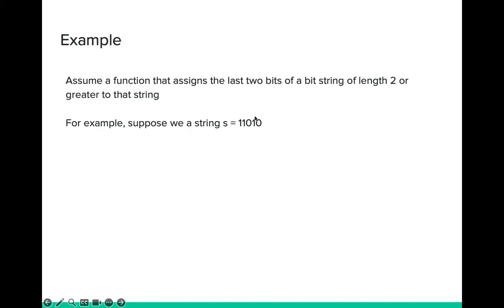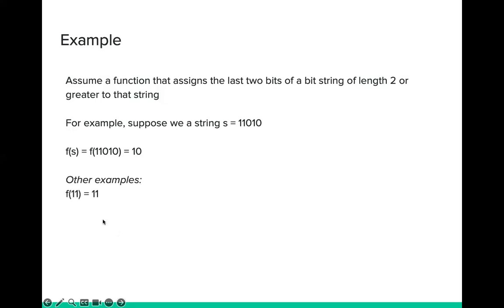So we just have to look at the last two bits of string S. In this case, it is 10. And we also have a restriction here wherein the bit string has length 2 or greater. Okay, so f of S will then be f of the string 11010. And what the function does is assign the last two bits of the bit string. So it is 1, 0.